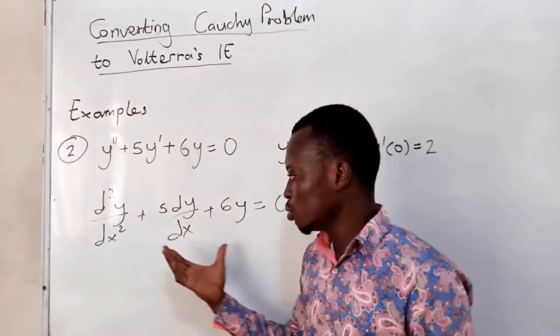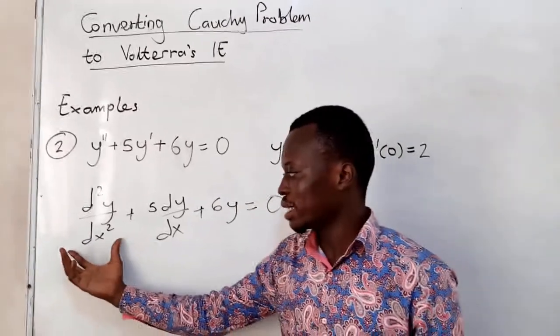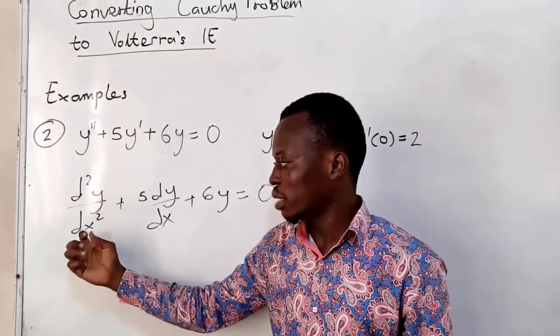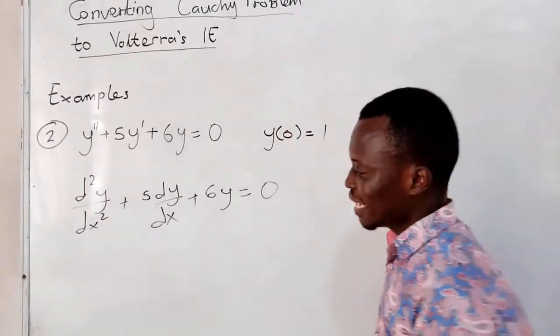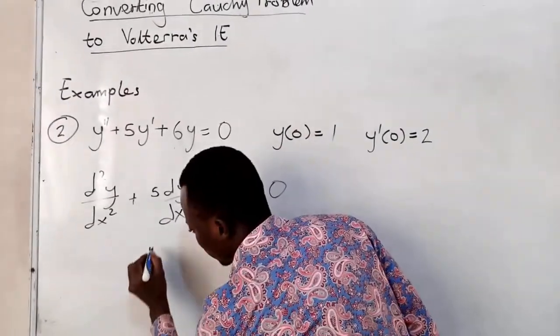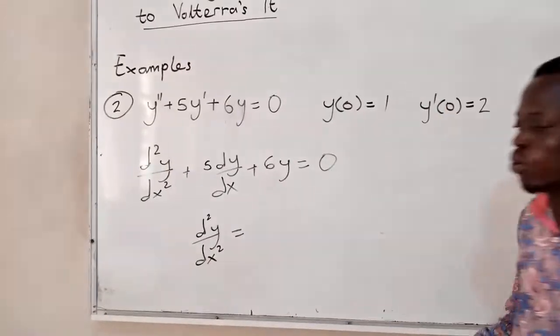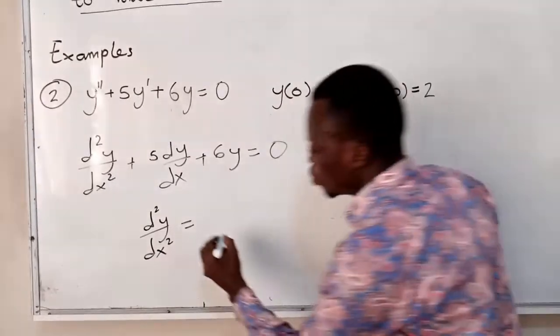Now you take the differential operator with the highest degree. So the highest degree here is d square y over ds square. Now let the d square y over ds square be equal to another unknown function. Let's say u of s.